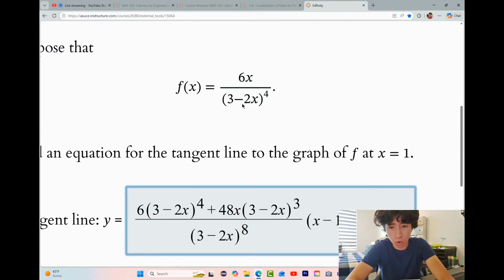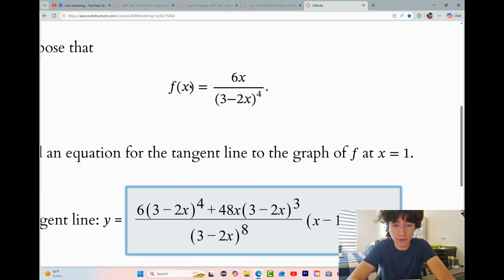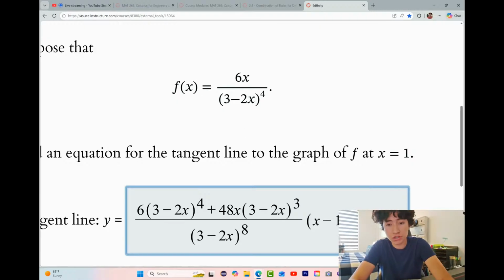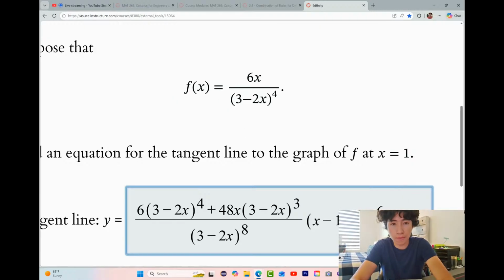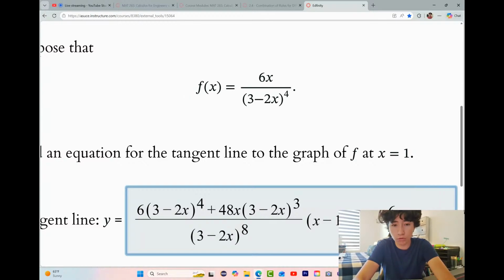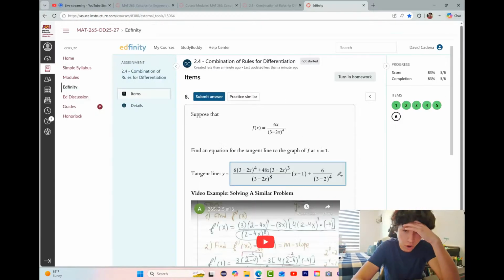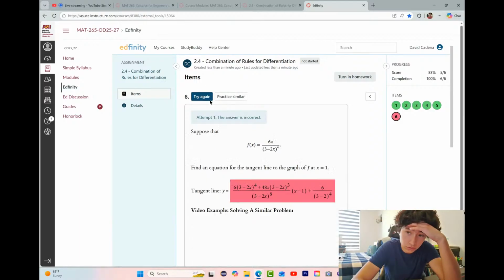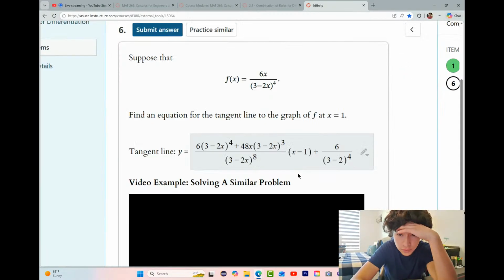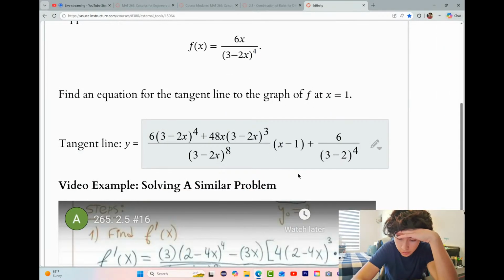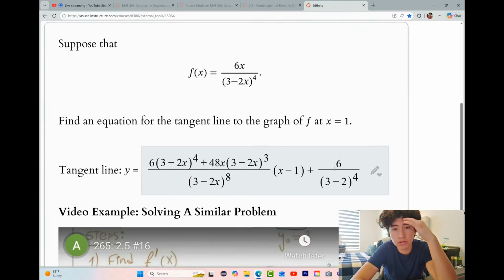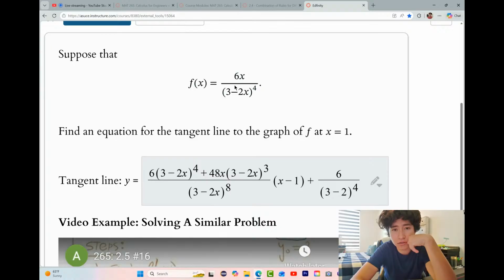So we plug in 1 into f of x, and we get 6 over (3 minus 2), all of that to the power of 4. All right, I think that's good. No, that's not good. What happened here? We plug in 1, we get 6 over 3 minus 2.